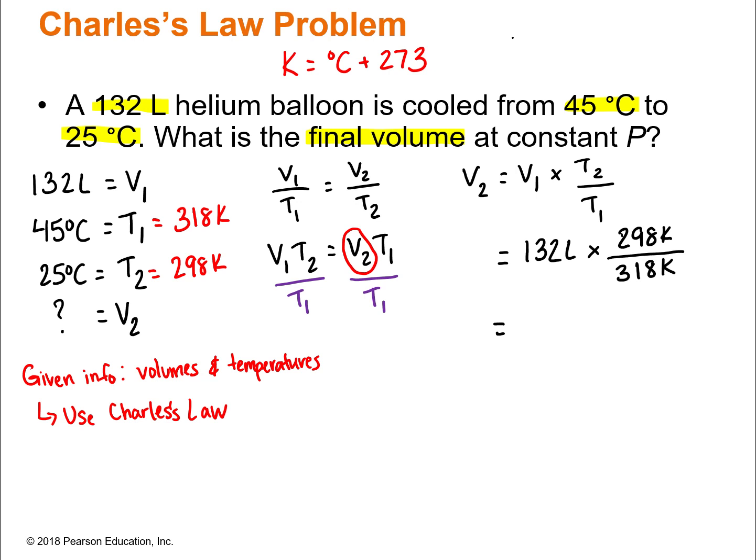Volume and temperature are directly related, which means whatever you do to the temperature, you do to the volume. In this case, we went from 45 degrees Celsius down to 25 degrees. That's a decrease in temperature.